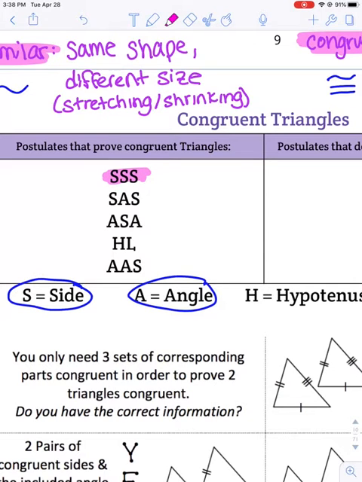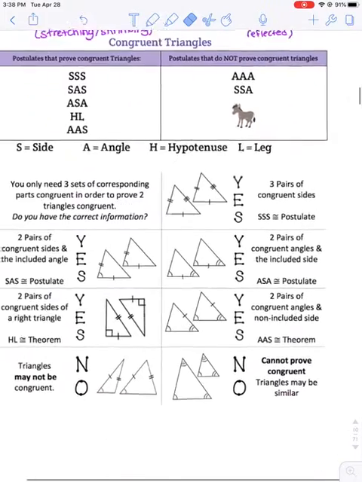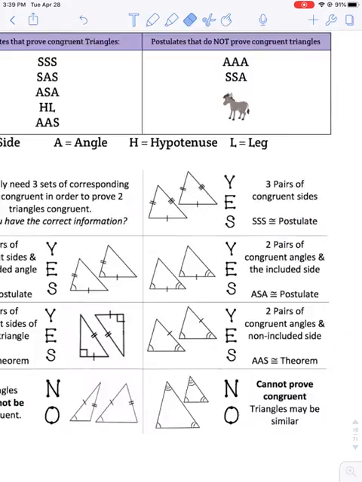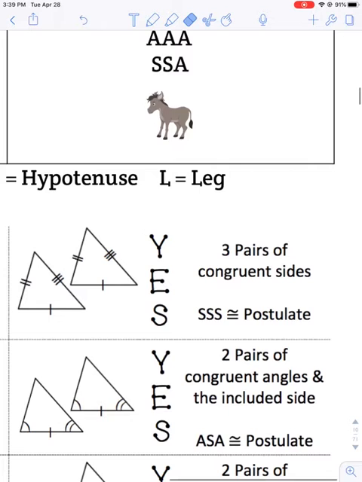So what this means is that if you know this first one, if you know that three sides of a triangle are all equal to each other, we can automatically assume that the triangles are congruent. This next one would mean if you know a side and then an angle and then another side are congruent, we can say the whole triangle is congruent.